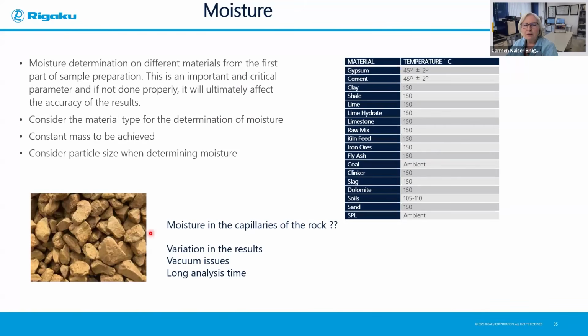So very often the moisture sits deep within the capillaries of the sample, and so we need to dry the sample to constant mass. So very often if we have vacuum problems, or we have a long analysis time, or even variation in our analytical results, it could be something as simple as moisture. So you can see different groups of materials require different types of drying times and drying temperatures to get rid of the moisture that sits deep within the capillaries of the sample.